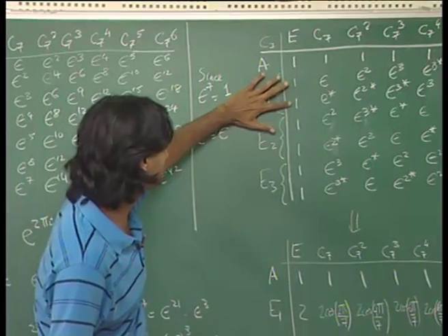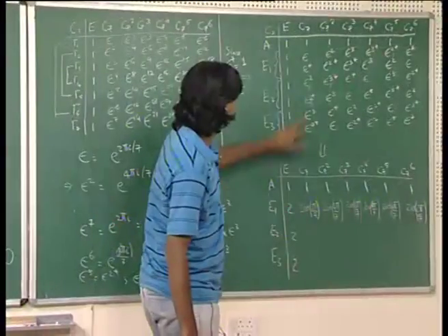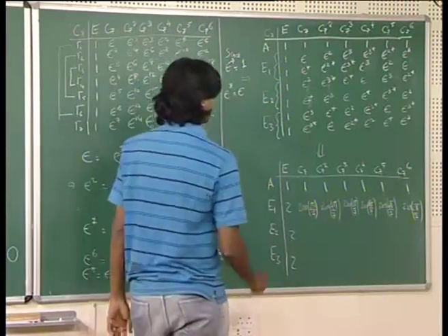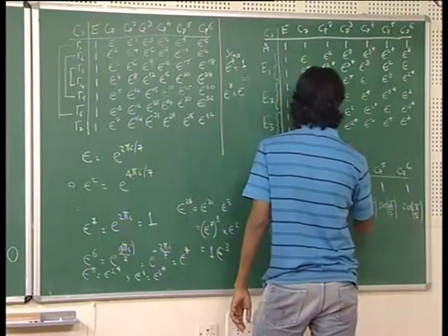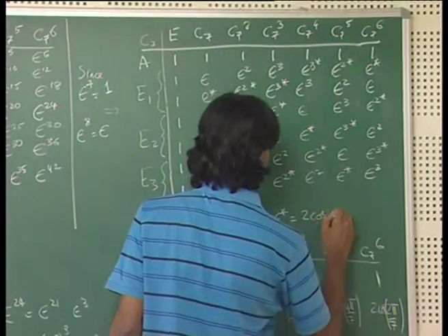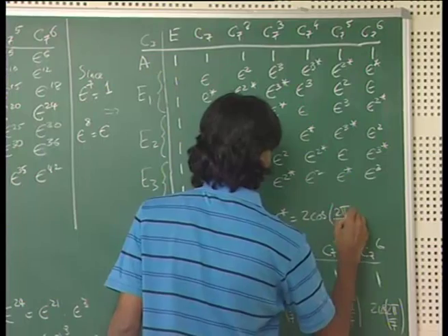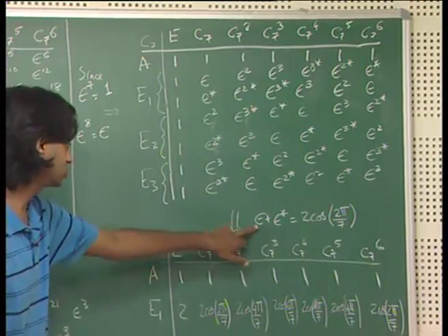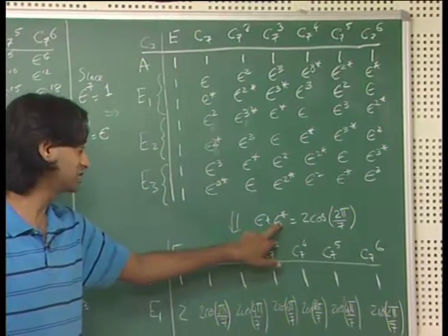So, if you add these two together you will get 2, if you add these two together you get epsilon plus epsilon star. So, epsilon plus epsilon star is equal to 2 cos 2 pi by 7. Epsilon is e to the 2 pi i by 7, epsilon star is e to the minus 2 pi i by 7.